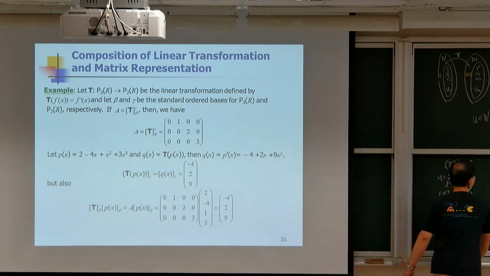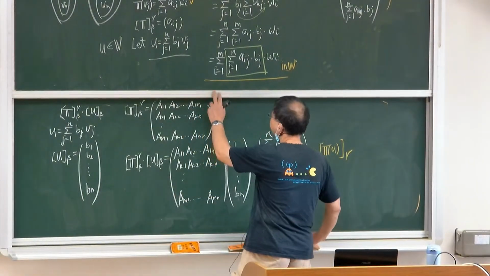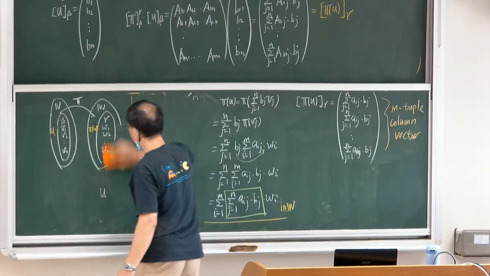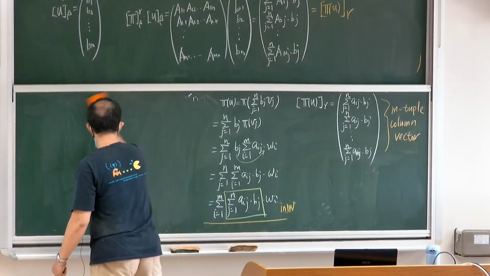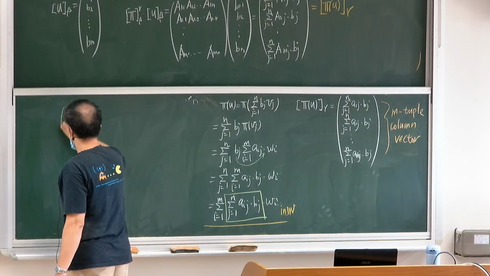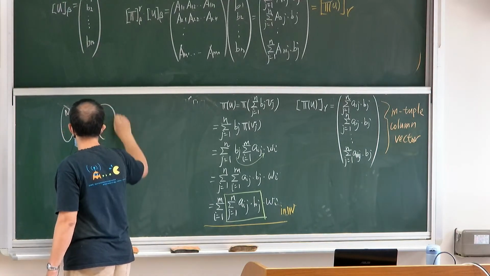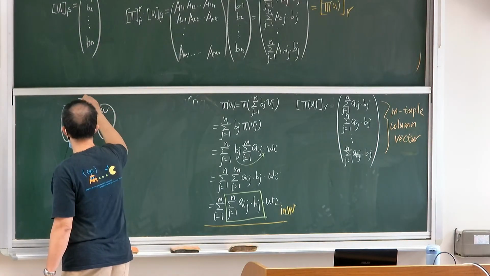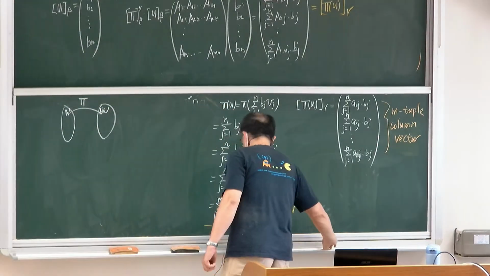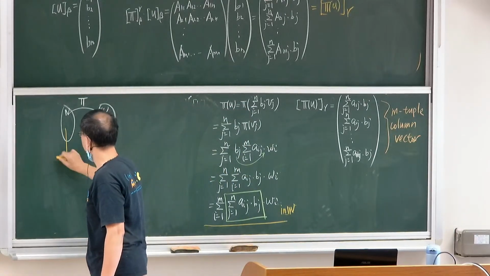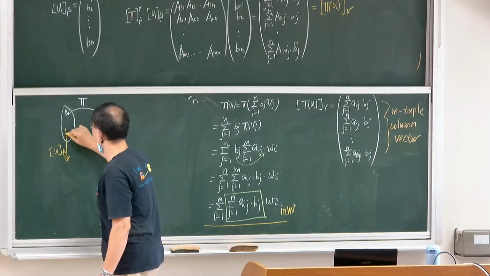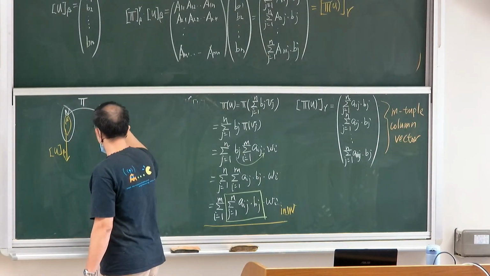Okay, so here we can use a simple diagram to express this operation. This is from V to W, and I take the linear transformation here. But right now, we first take the U with respect to beta. Here is beta, here is gamma.